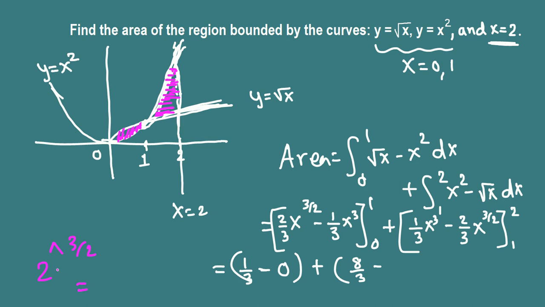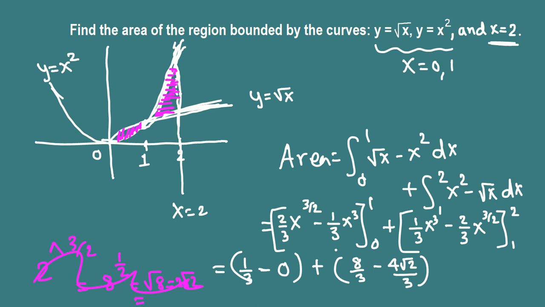Use your calculator. 2 cubed is 8 raised to 1 half, that's the square root of 8, which is 2 root 2. So when we plug in 2, we get 2 times 2 root 2 times 2/3, so 4 root 2 over 3. That's the upper limit part.